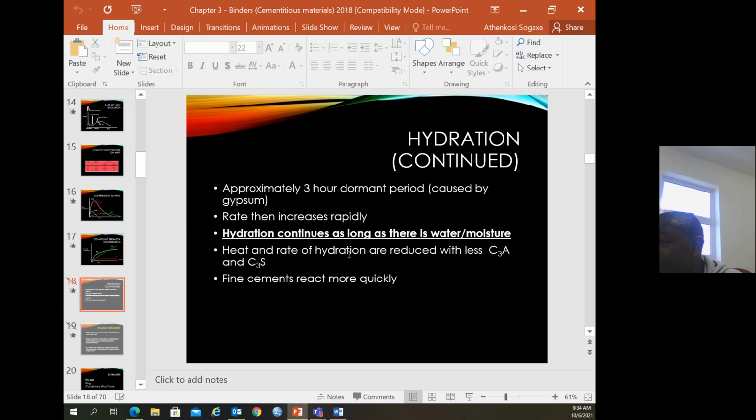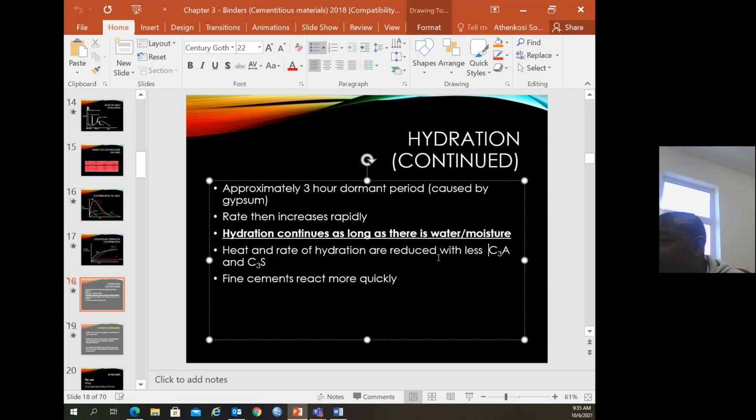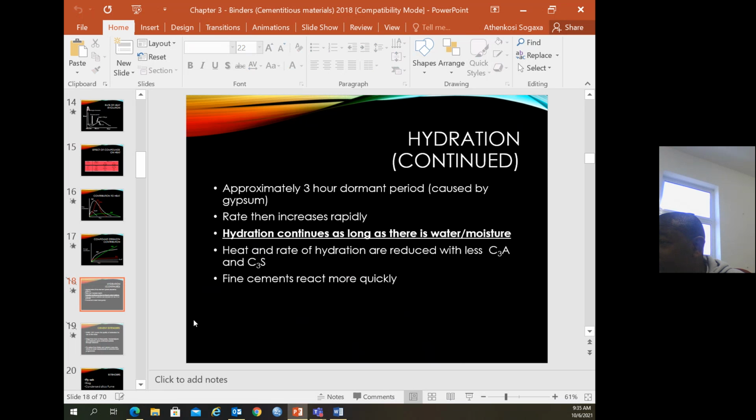Therefore, the heat and the rate of hydration are reduced with tricalcium aluminate and tricalcium silicate. The fineness of cement matters: cement reacts more quickly when it is fine.